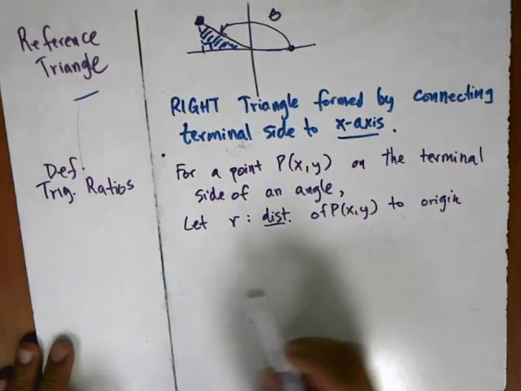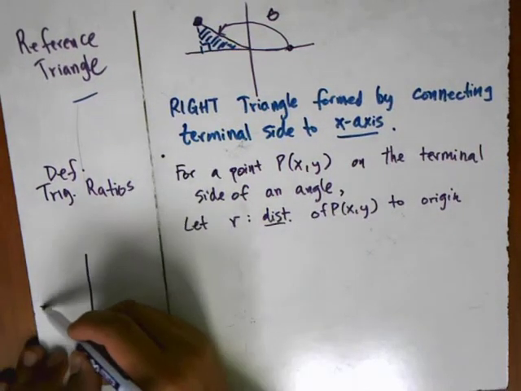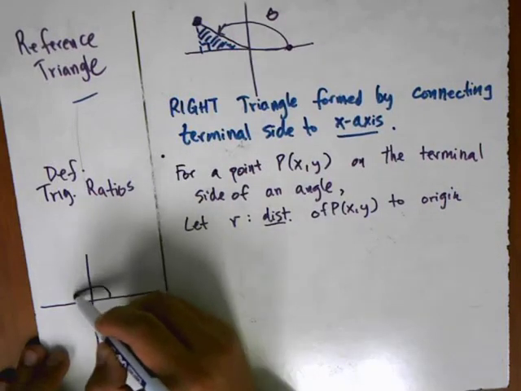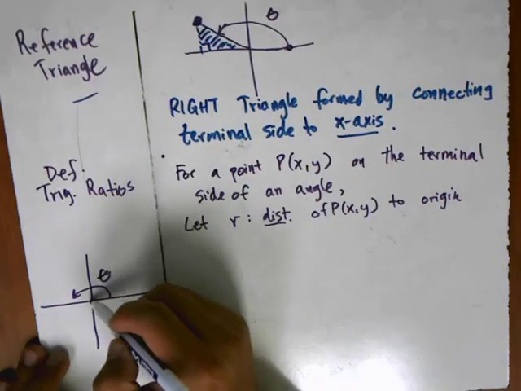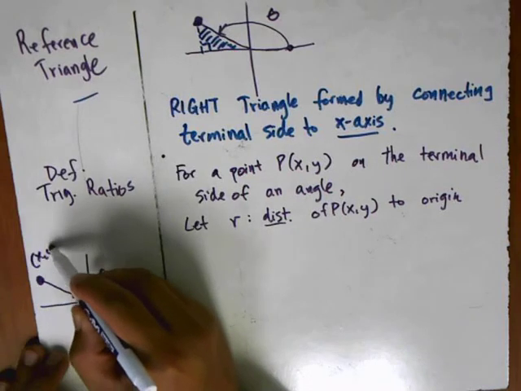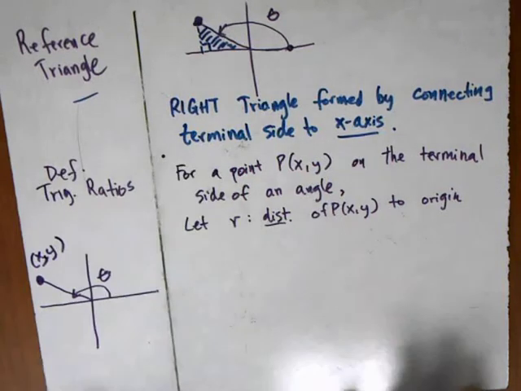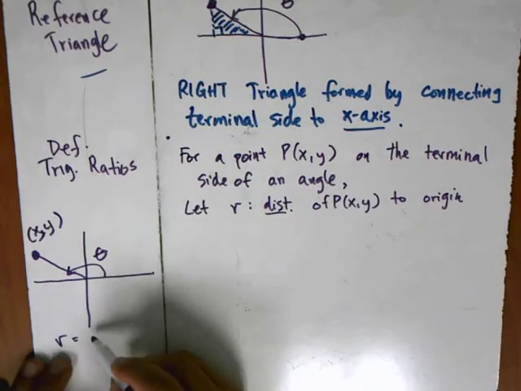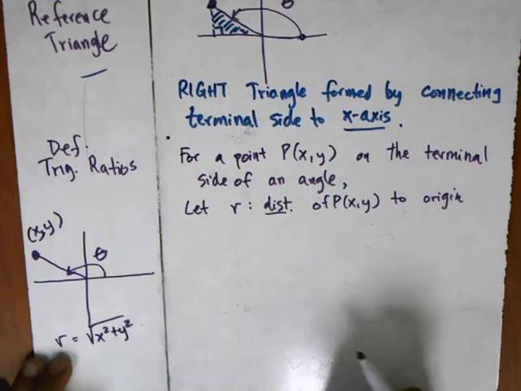And if r is the distance, then, and I'll draw the picture on the side here. Let's say P is, we'll use this triangle again. It's been rotated this much. This is angle theta. This is the side. This here is x, y. We can say that r has to be the square root of x squared plus y squared. And this is just the distance formula.